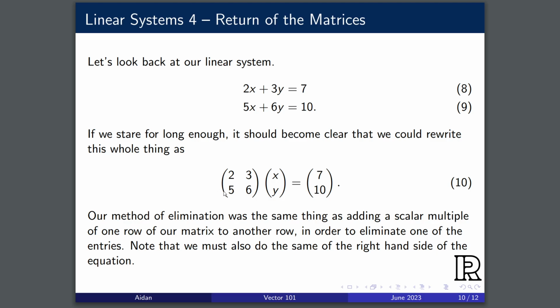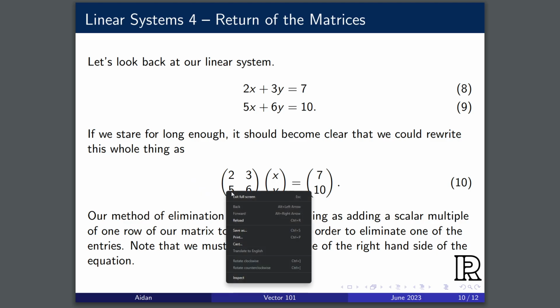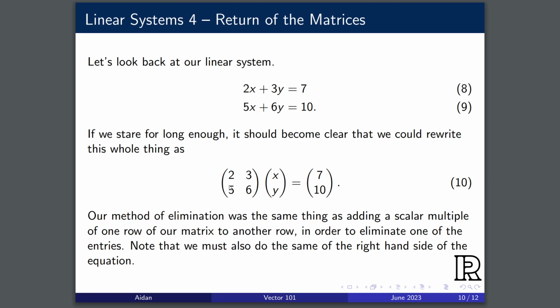And all our method of elimination is doing is adding scalar multiples of rows to other rows, right? And so if we wanted to eliminate this 5 here, we just scale this first row by negative 2.5 and then add it to the second row.